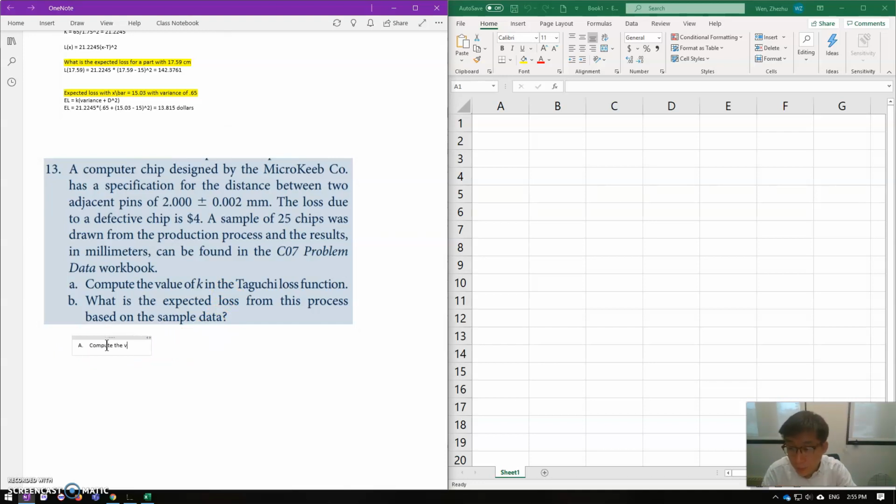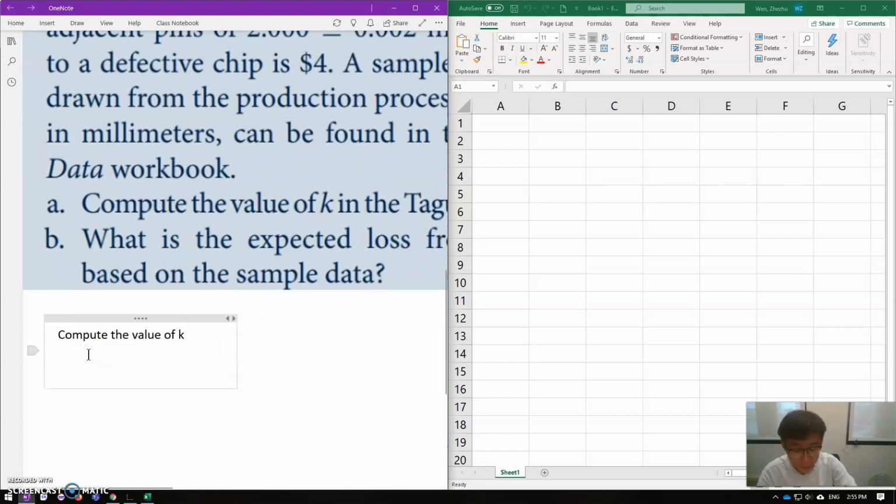Compute the value of K. So again, the loss at dimension X equals K times (X minus T) squared.